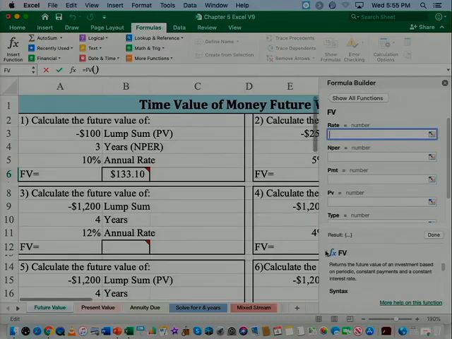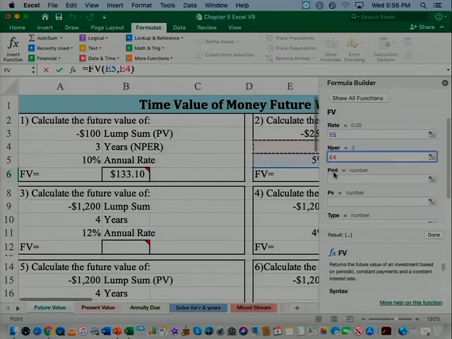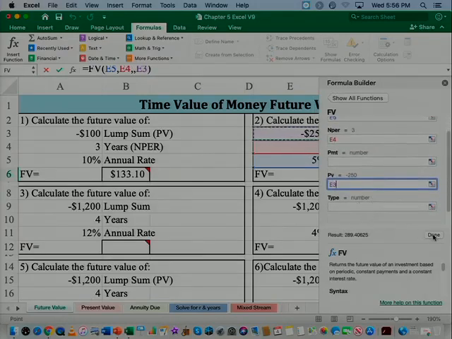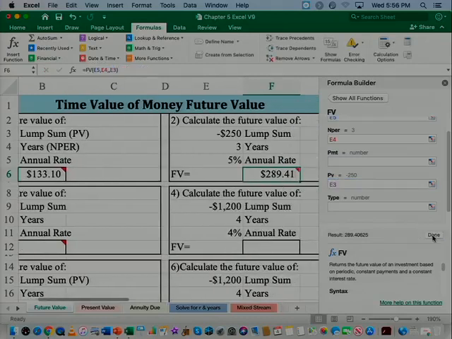And again, I'm going to want to insert the rate, the N per, and the present value. I don't have a payment, so I don't need that. Type I could leave blank. We're going to get to that later. So if I insert these three functions, it will make the formula.